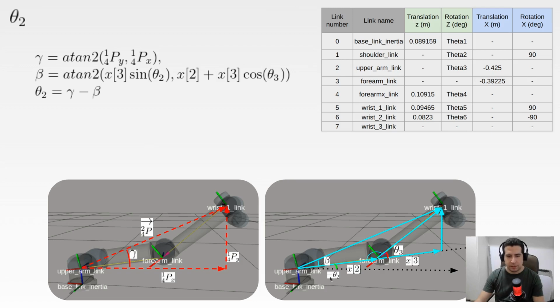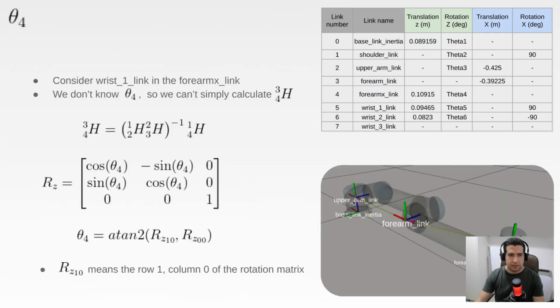We notice that this is the negative angle, negative theta 2. If you want to play with the 2 that I showed in the beginning, you will have a more practical understanding why this angle is negative. And the theta 4 angle, that is the orientation of the wrist 1 link with respect to the forearm link.